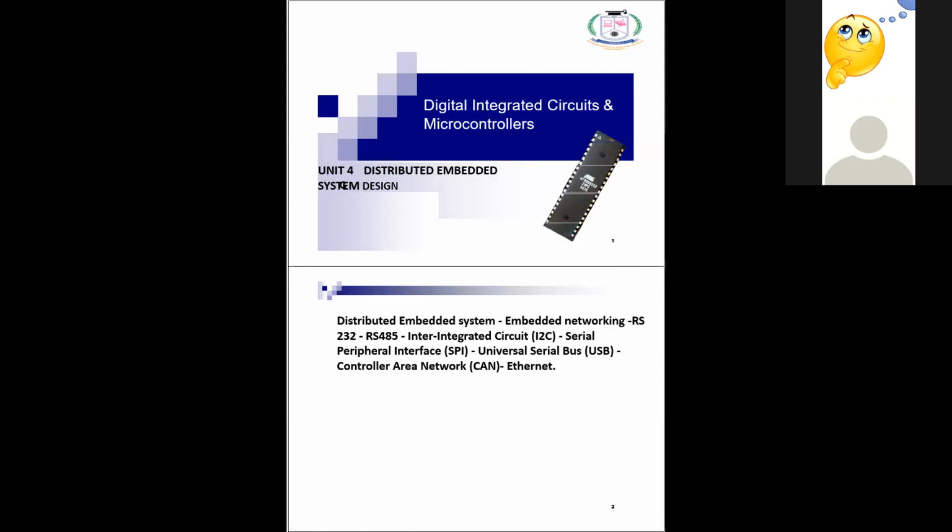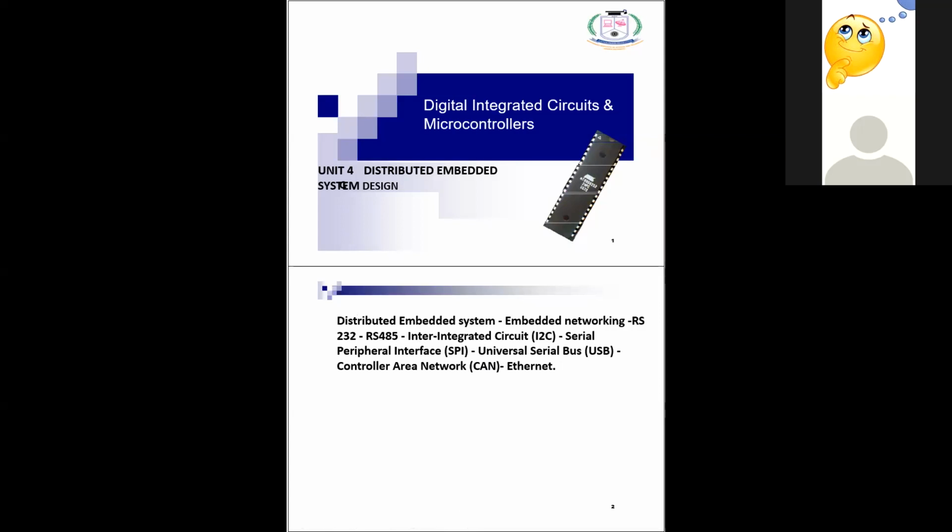Assignment is only from the third unit. Now in this unit you are going to first study: distributed embedded system, embedded networking, RS232, RS485, inter-integrated circuit, serial peripheral bus SPI, universal serial bus USB, controller area network CAN, Ethernet.